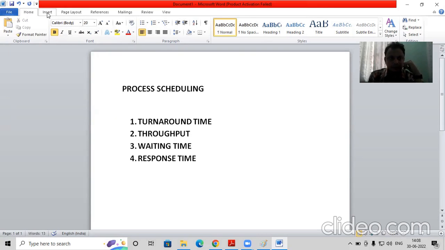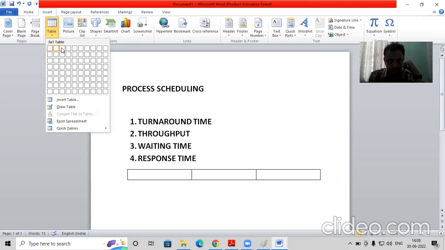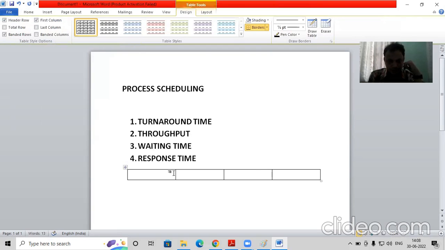For example, suppose process P1, process P2, and process P4 are waiting. It is a ready queue.